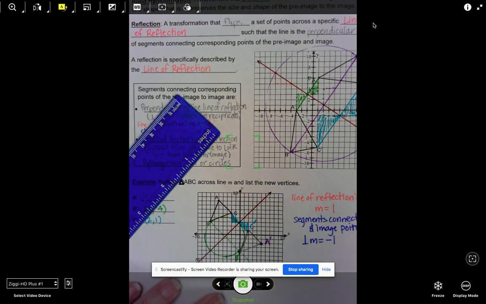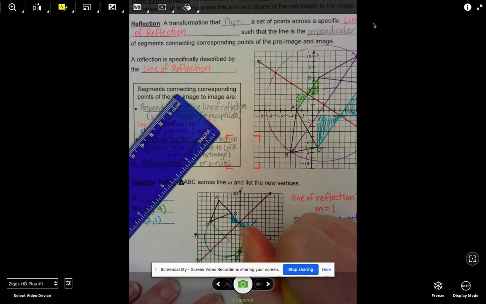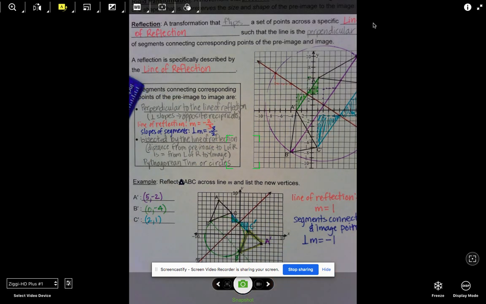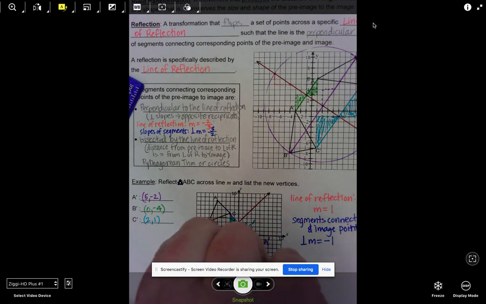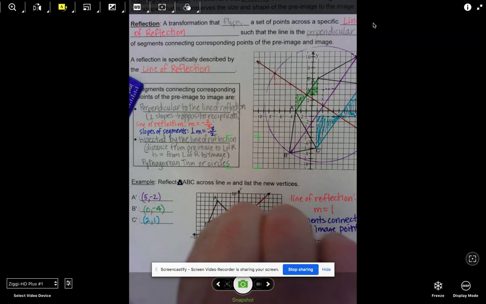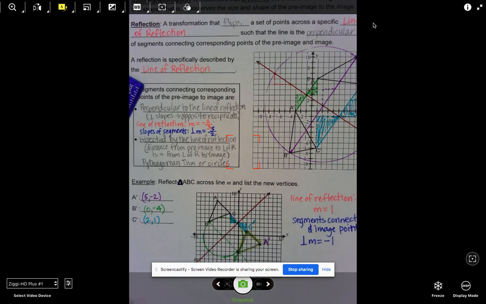Okay. So this is my reflection. So again, I paid attention to the fact that the segments and the line of reflection have to be perpendicular to each other. And then the distances of those points were the same distance away from the line of reflection, wherever that is that they cross. Okay, so that's it.